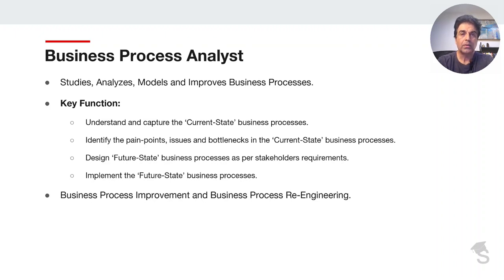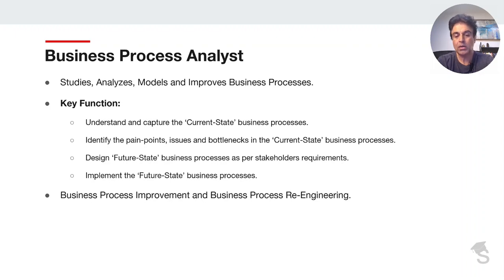Now, there are two main types of initiatives which are often seen. One is business process improvement, where you try to tweak the process to make it more efficient and effective. The other one is business process reengineering, in which you make radical changes to the process to get the maximum gain.